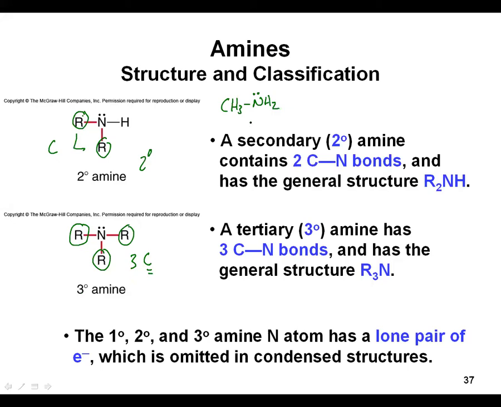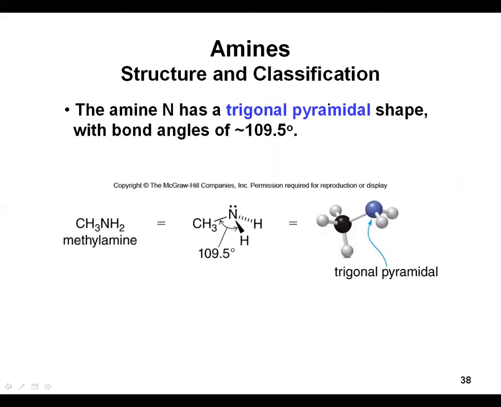So you do need to know amines in terms of the functional group, what makes an amine, and you need to know primary, secondary, tertiary, how to classify them. Because of that shape similar to what we see with NH3, it has a similar geometry. It has 4 electron pairs and 3 bonds, which is our trigonal pyramid shape.